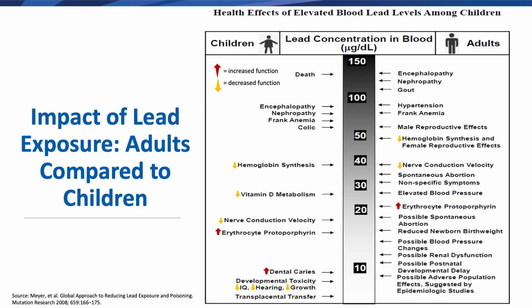Lead can also affect cognitive function among adults, as well as contribute to cardiovascular disease, reproductive issues, and gout. Graph comparing children and adults by levels of blood lead toxicity and related effects, which detail the lead concentration from 10 micrograms, for example dental caries, to 150, which is death in children and nephropathy in adults.